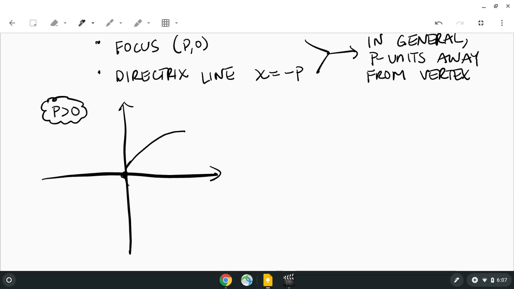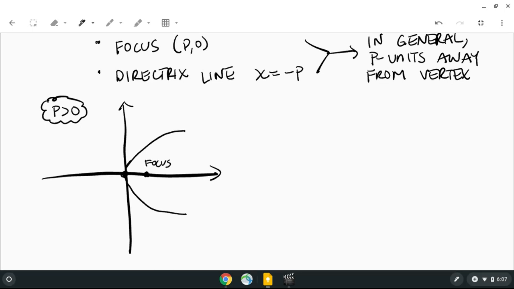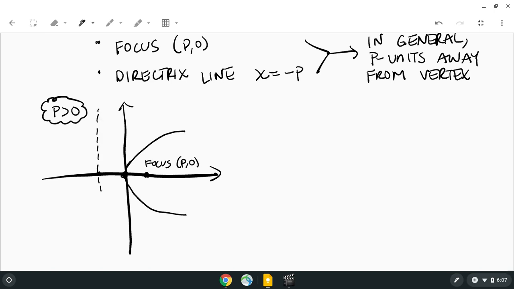And our focus is p units away, so wherever that is, this is your focus, and that is at p, 0. And then over here, equidistant, p units away this way, you have your directrix. The equation of this one is a vertical line, so it's x equals negative p.